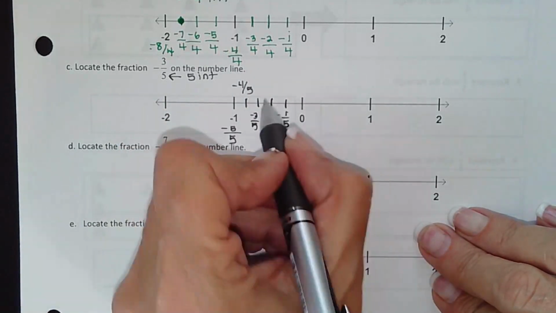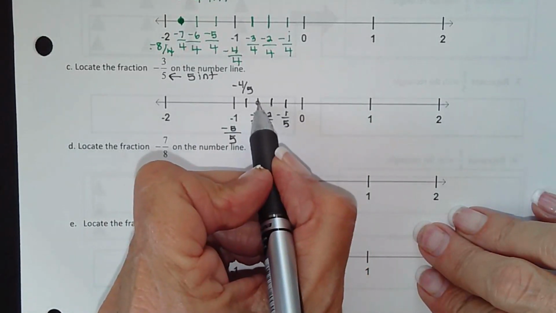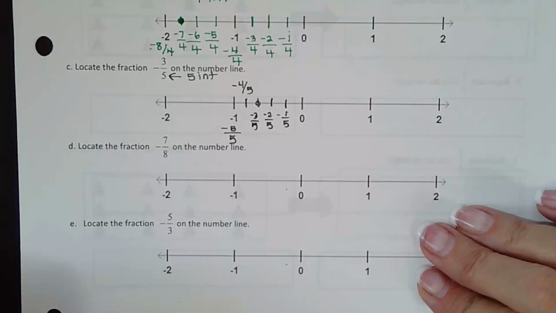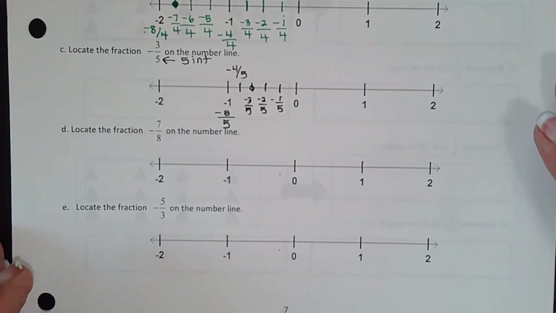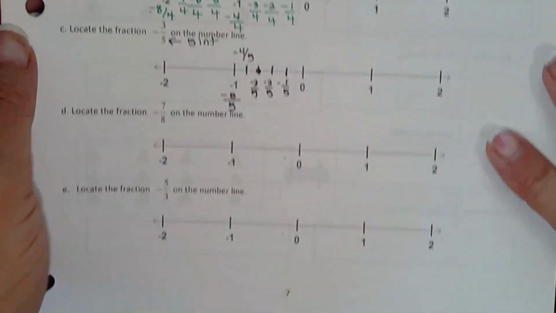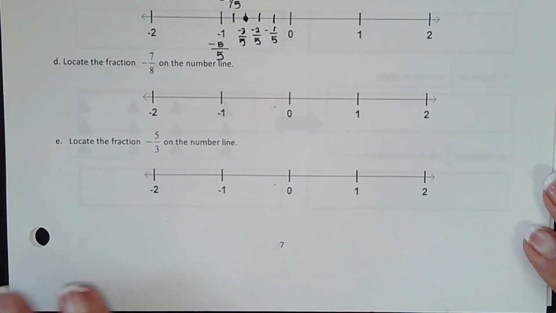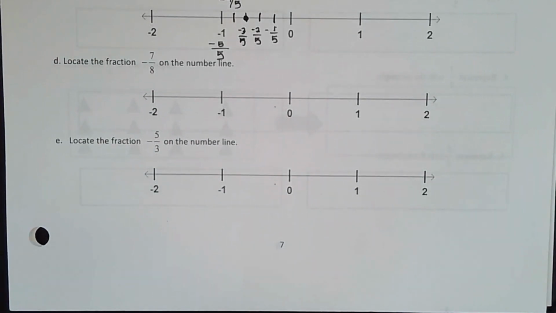So I know I've done my numbering correctly, and we place our dot at -3 fifths. Okay, go ahead and do D and E and then check back. We'll check our answers and then we'll end this video to start on lesson D on the next page.